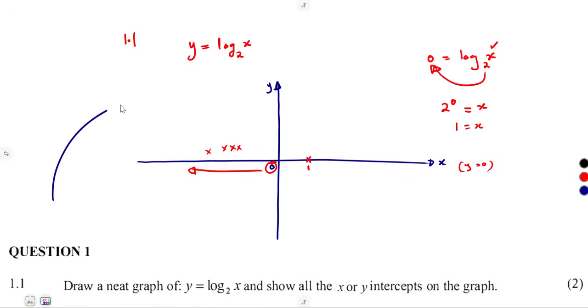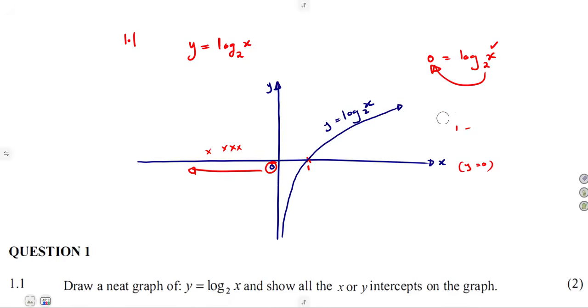Remember the shape of a logarithmic function: you're going to have something like this, increasing for the x values on this side. So that is our graph, y is equal to the logarithm of x in base 2. Straightforward.